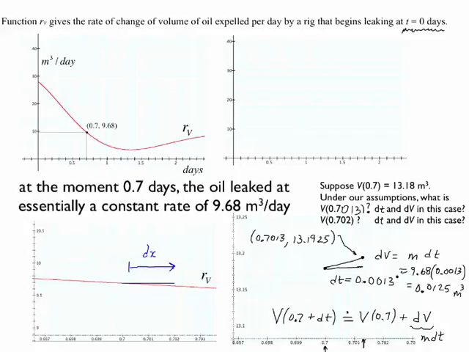Okay, so do you want to work out those who maybe didn't exactly do this or are understanding it better now? So let's go ahead and take a couple minutes, work out V of 0.702. Okay, work out V of 0.702. Go.